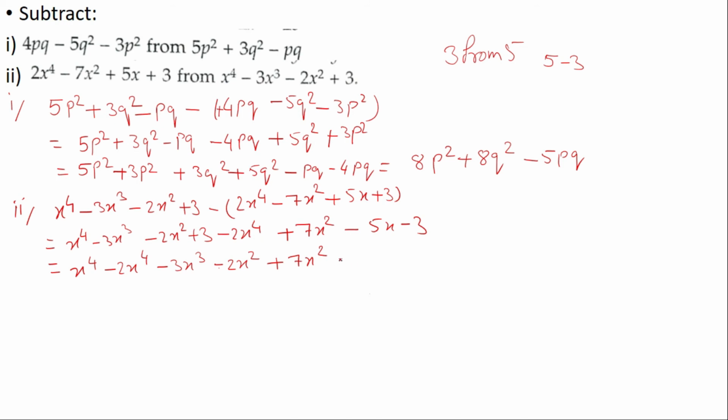Yes, we have, so it will be minus 5x. Now we write the numerals, plus 3 and minus 3. So when we solve it, the answer will be minus x to the power 4 minus 3x cube plus 5x square minus 5x. These two numerals will get cancelled.